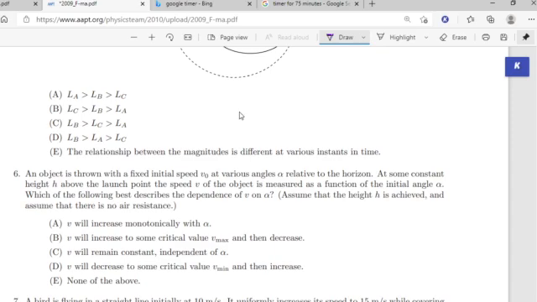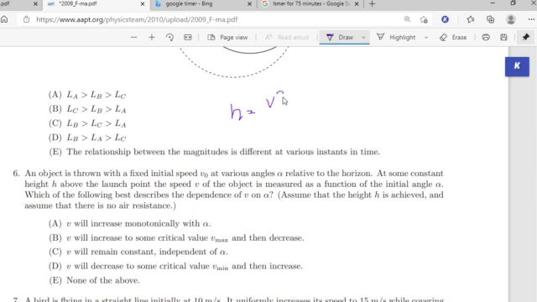Okay, so well, we know that the equation for max height is v naught squared sine squared theta. I think it is over g, or is it over 2g? I'm trying to recall. Yeah, I think it's over g.